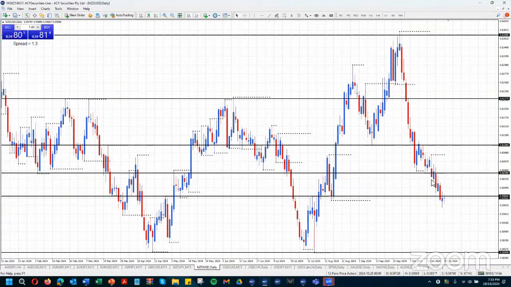Much like the Aussie, we are down 5, 6 days at the moment. Maybe starting to want to hold below this area here. Not quite committing below the 59.74 level there, but maybe we're starting to want to be below that area there.